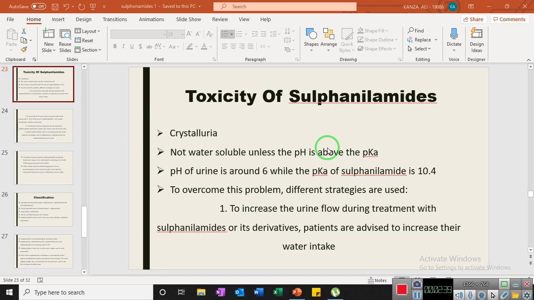To overcome the problem, we have got certain strategies. For example, the physicians and the pharmacist advise the patient to increase water intake or force to take more and more water.